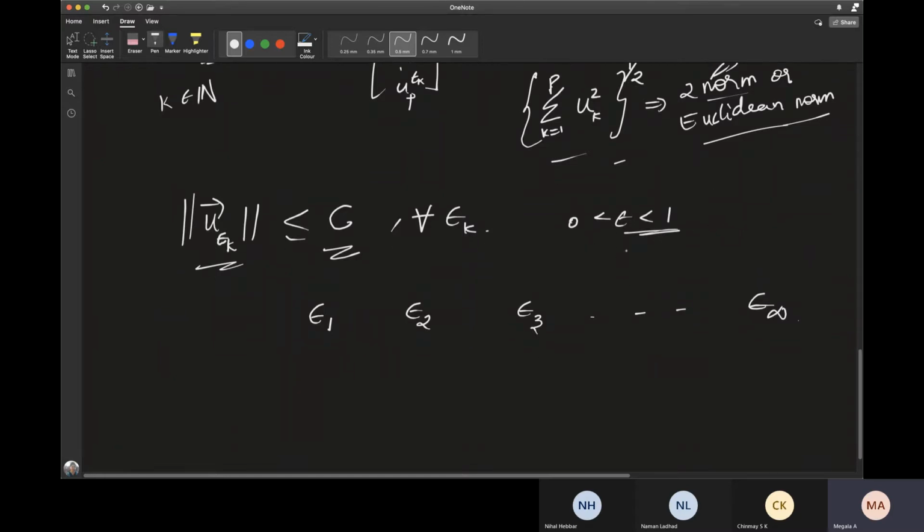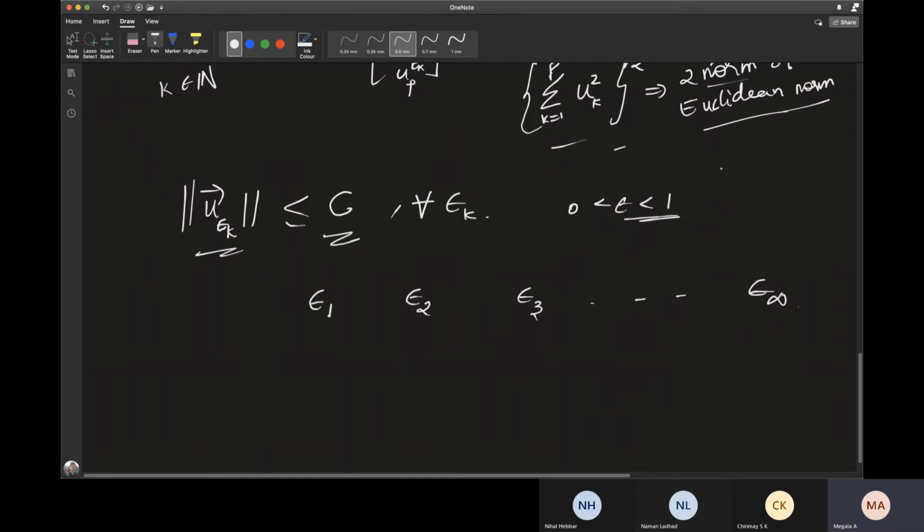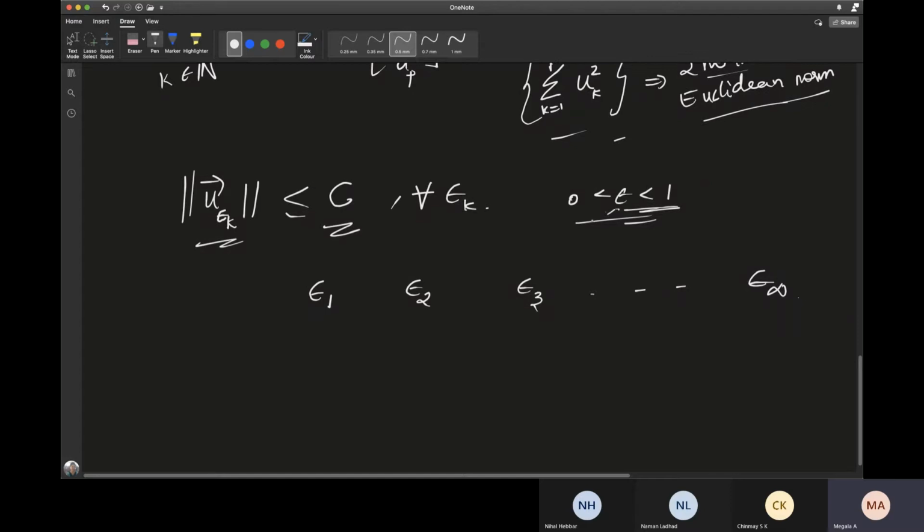Between 0 and 1, we have uncountably infinite numbers, so epsilon can take uncountably infinite values.